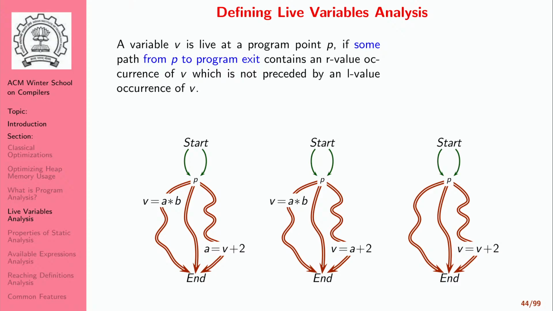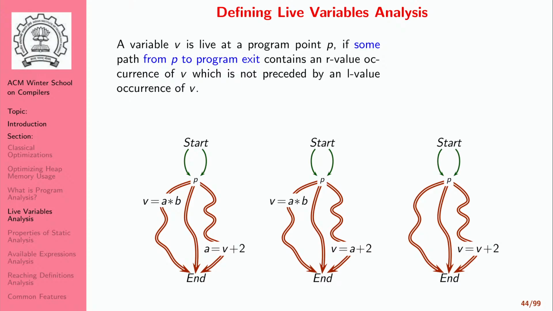Second, if we are computing a set at a program point P, what happens? The discovery of this set depends on what happens after that point. So we are examining paths starting from P to the program exit.